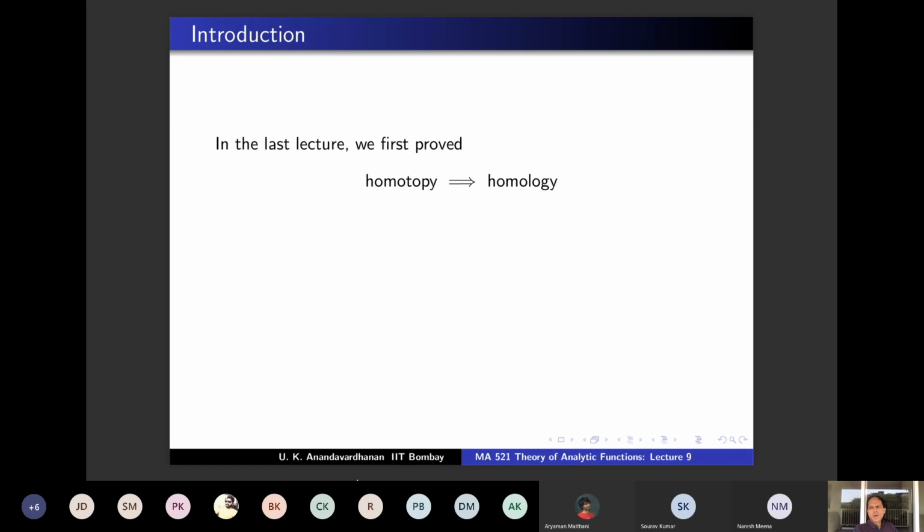If gamma 1 and gamma 2 are two paths, and if alpha is any complex number such that the distance between gamma 1 and gamma 2 is strictly less than the distance between alpha and gamma 1, then you can show that the index of alpha with respect to gamma 1 equals the index of alpha with respect to gamma 2. And homotopy implies homology was a corollary to this observation.